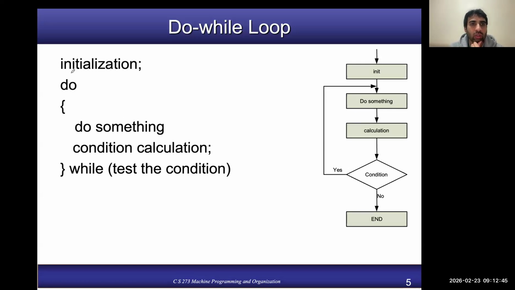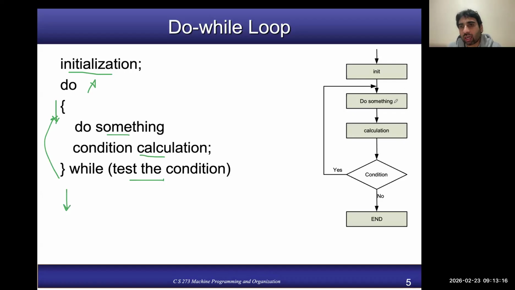Typically when you write a do while loop, you initially do some initialization, you set a variable to a certain value, then you enter the loop, and in the first iteration you do not test any condition. Then you do something in the body of the loop, and you also calculate or update the condition variable which you are going to test, and you then test the condition. If the condition is true, you go back to the body of the loop, otherwise you exit, right?